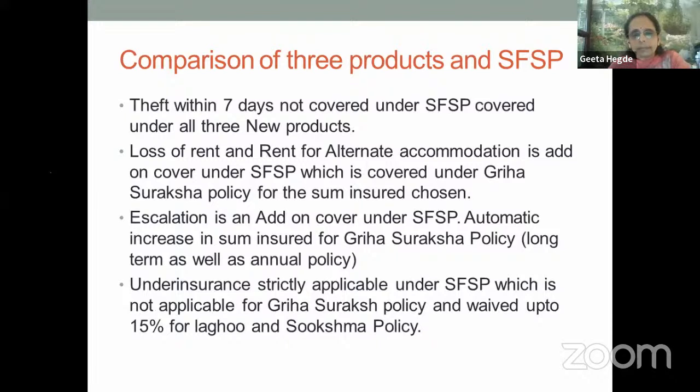Escalation is an add-on cover under SFSP, but automatic increase in sum insured is there, similar to what we call escalation, for Griha Suraksha policy for long term as well as annual policy. Under insurance is strictly applicable under SFSP for all the policies, which is not applicable for Griha Suraksha policy, and waived up to 15% for Laghu and Sukshma policy.